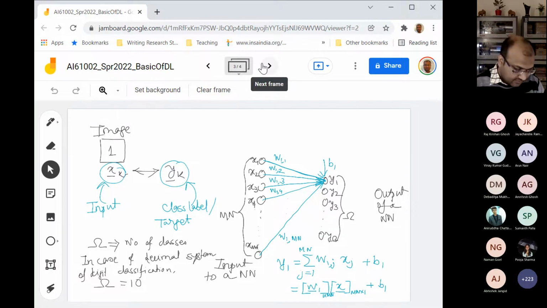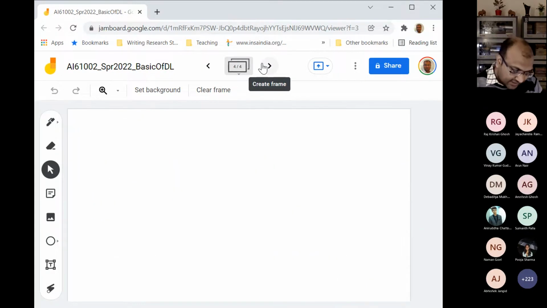Now from here, let us proceed to the next part. I have the same kind of inputs, x1, x2, x3, x4, and so on, up to x of m into n.